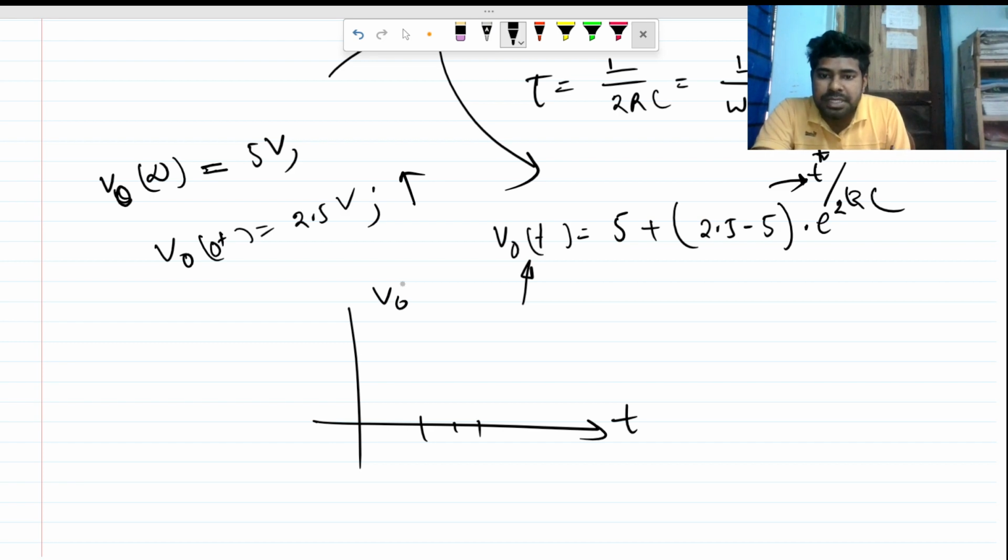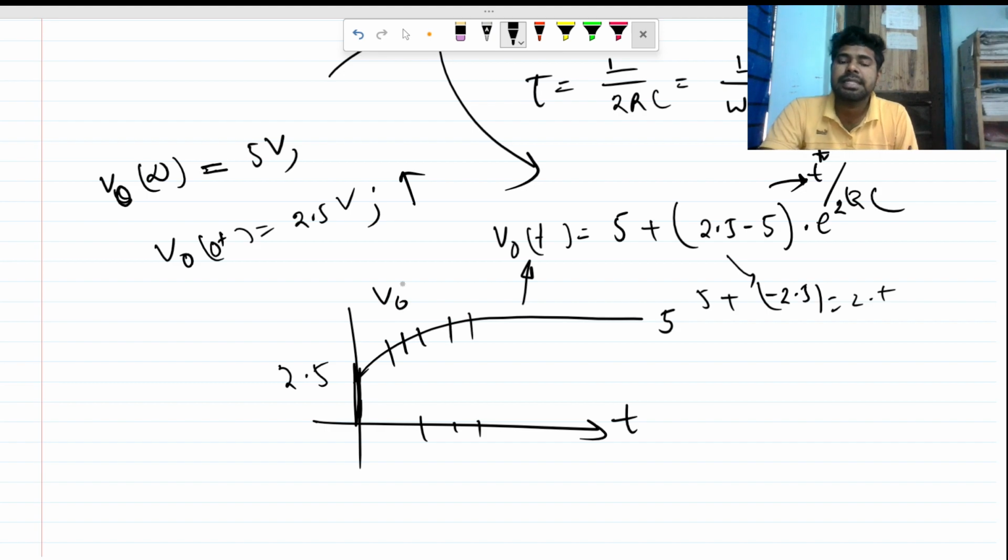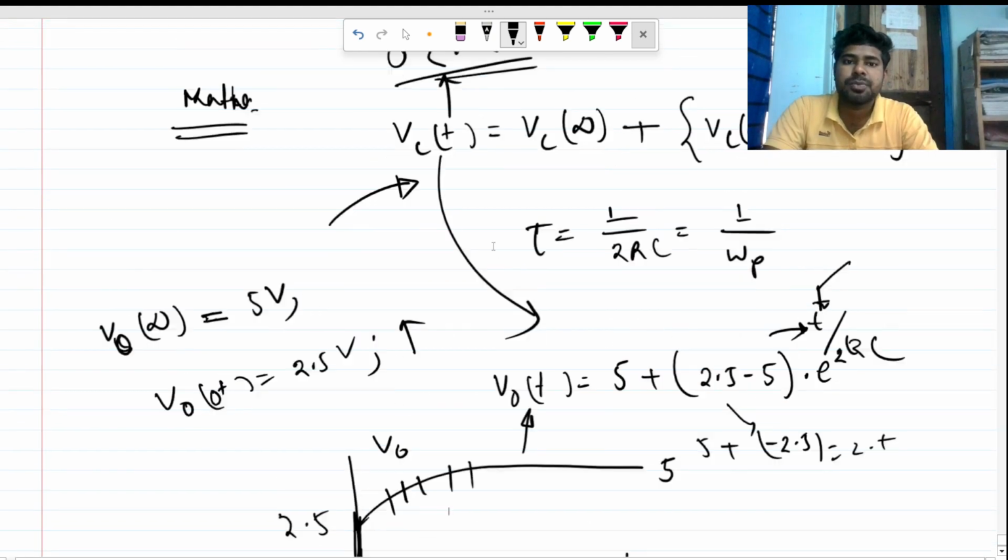We have seen that this will jump to 2.5 volt and then reach 5 volt exponentially. If t equals 0, the exponential will be 1, so this will be minus 2.5, and 5 plus (minus 2.5) will be 2.5. So from the equation we can also find that. If you put t equals any number, you will get the voltage at that time instant. So this is the mathematical expression.